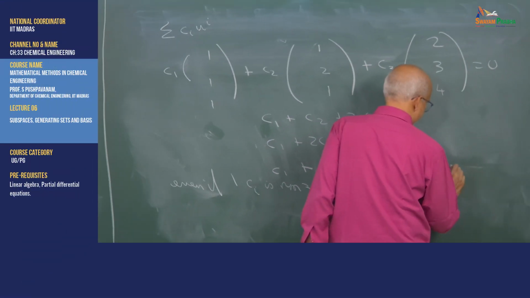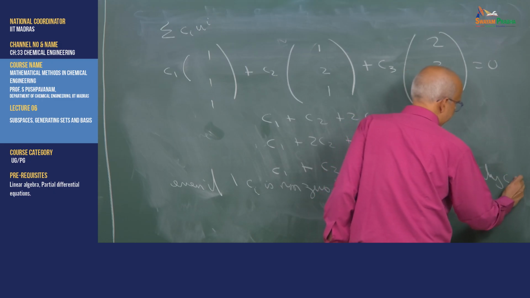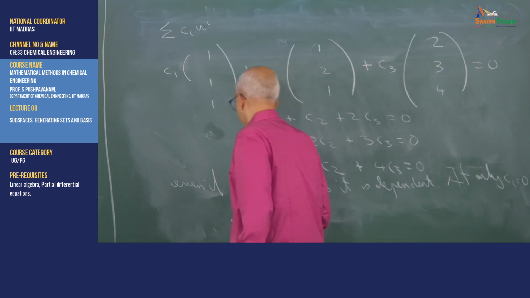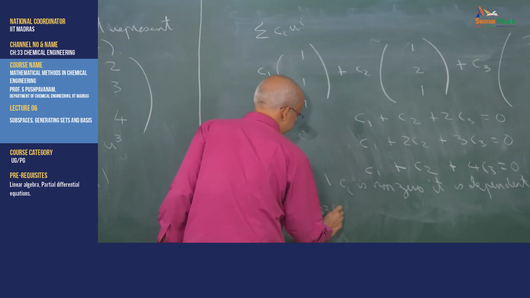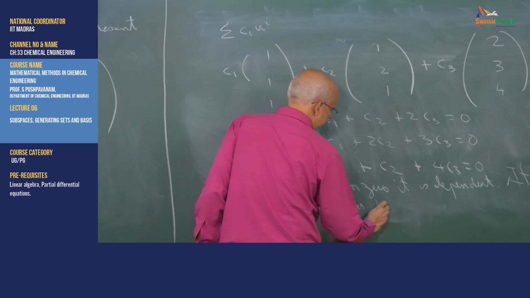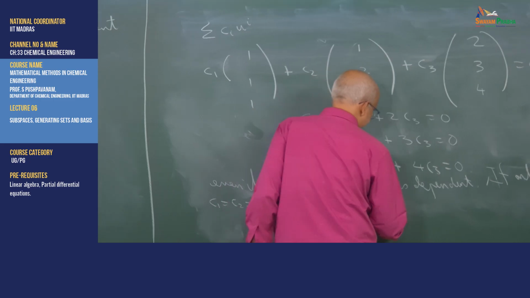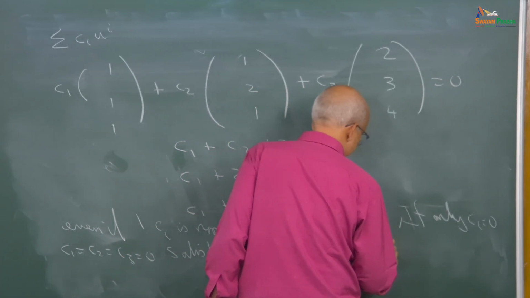If only Ci equal to 0, that is C1 equal to C2 equal to C3 equal to 0, satisfies these equations, it is independent.